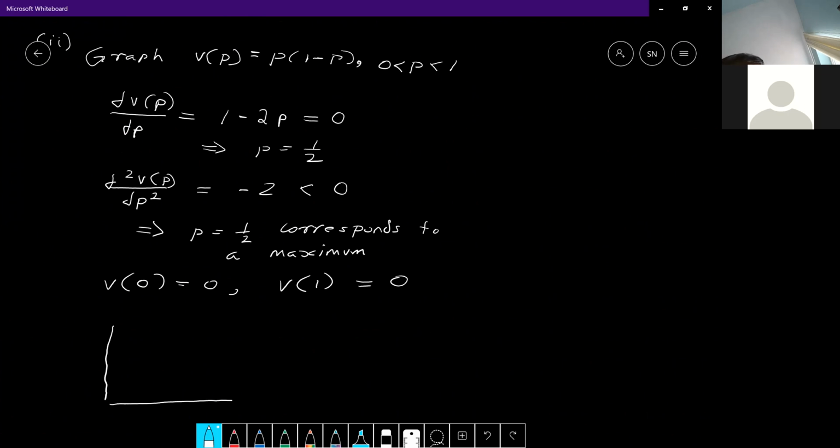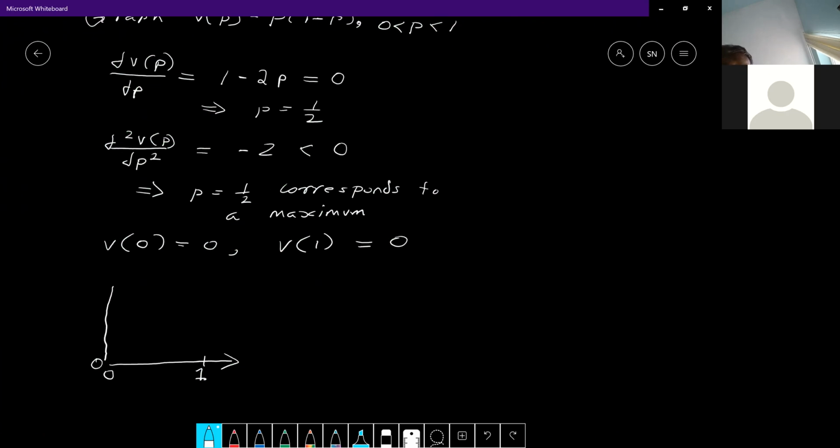I'm not good at drawing, as you know, but let me try my best. Suppose this is 0, suppose this is 1, and suppose this is p times 1 minus p, and this is p. Basically the graph takes the largest value at half. So this is half. The graph must look something like this, all right?